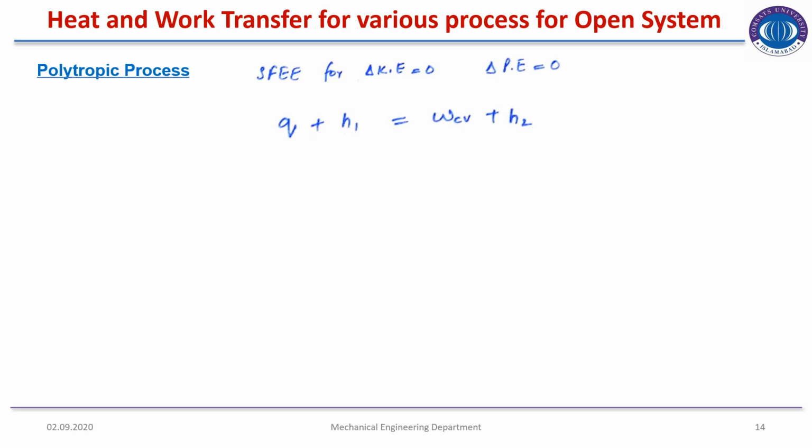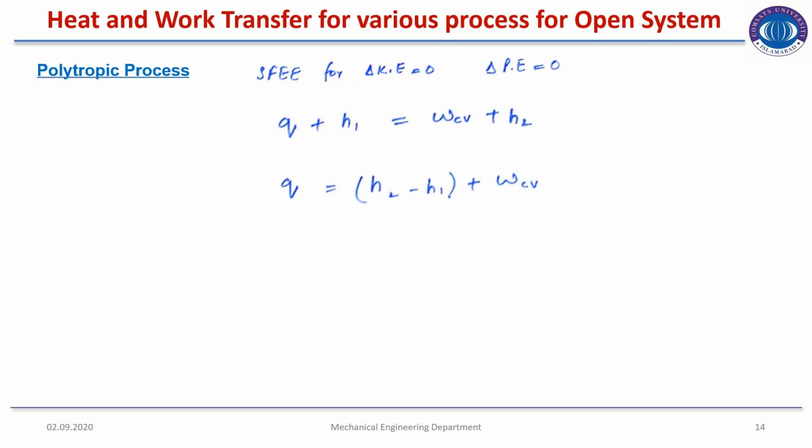We know the general form of the steady flow energy equation, and if we assume that the changes in kinetic energy and potential energy are negligible, then the reduced form is given in the next step.